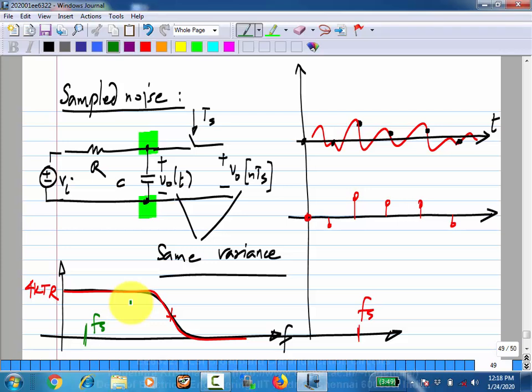What you finally want is the spectral density from minus fs by 2 to fs by 2, or 0 to fs by 2, because for discrete time you know that the same thing is replicated.